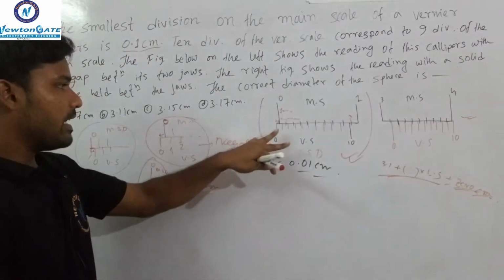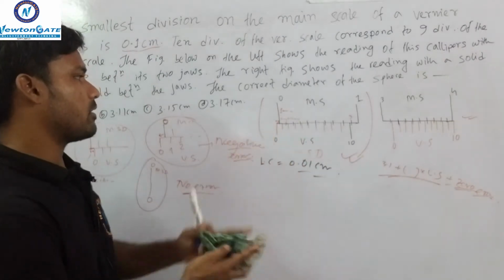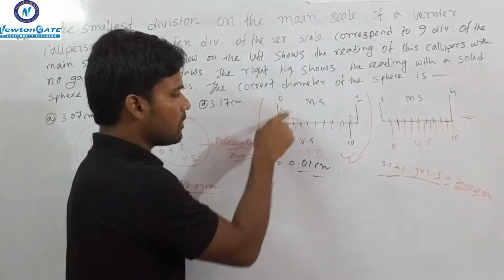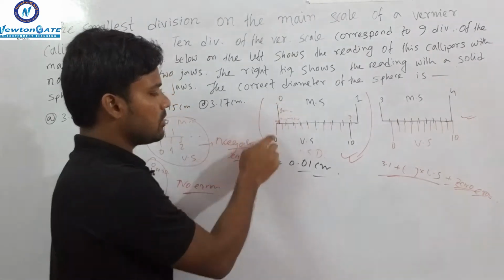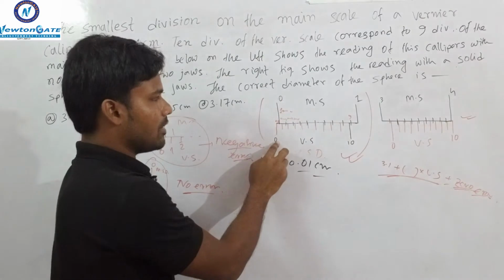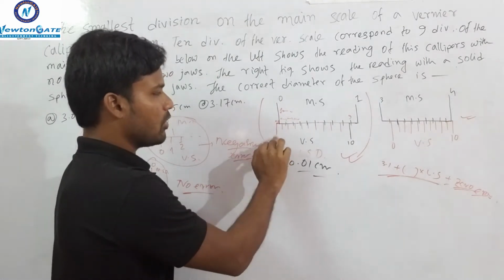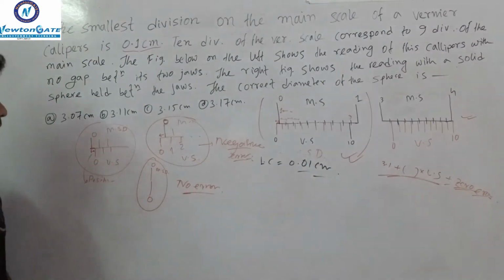So how to find whether this is negative error or positive error? You have to check the main scale 0 and vernier scale 0. If vernier scale 0 is on the left side of the main scale 0, then negative error is here, and if the vernier scale 0 is on the right side of the main scale 0, you get positive error.